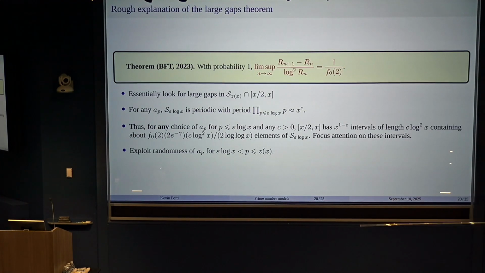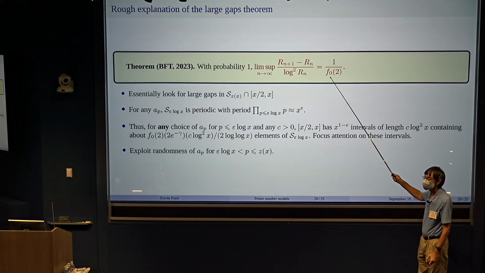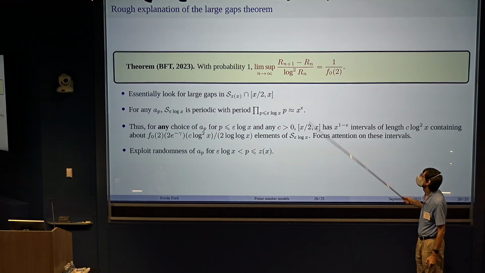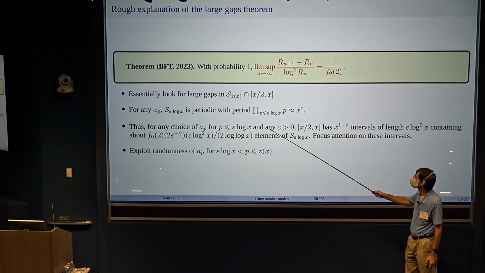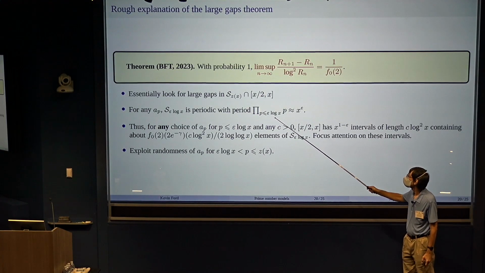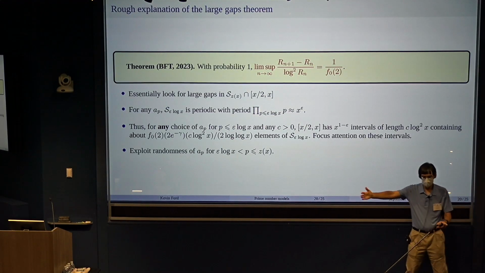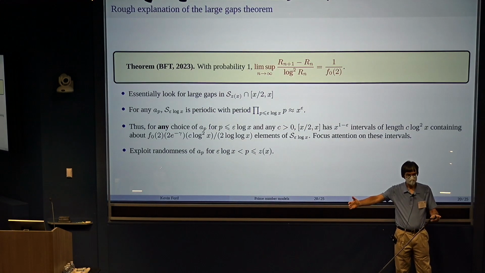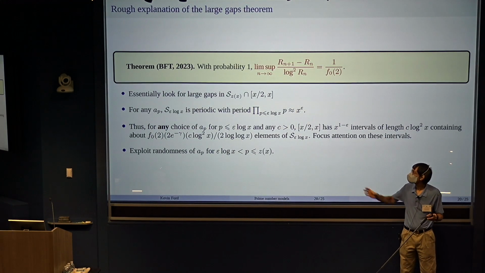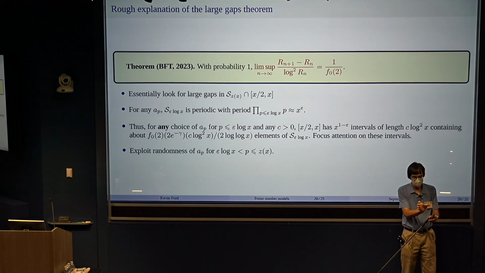I was going to talk briefly about some of the ideas where this little f02 comes from. It comes from looking at the very small primes. The basic idea is if you have an interval of length x, the product of the primes up to epsilon log x is around x to the epsilon.